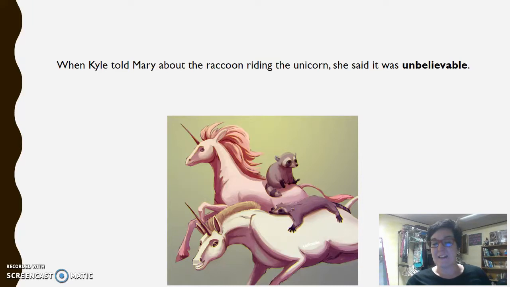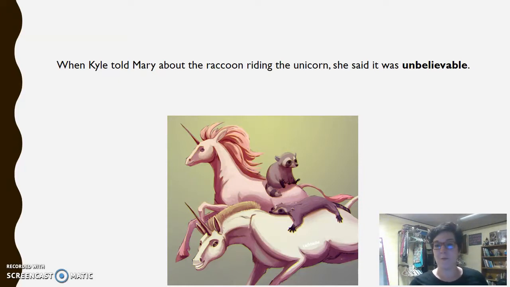So, in this sentence, it says, when Kyle told Mary about the raccoon riding the unicorn, she said it was unbelievable. So, looking outside the word for context clues, we can look at a raccoon riding a unicorn. Well, that's not very likely, is it? Look inside the word. We have unbelievable.